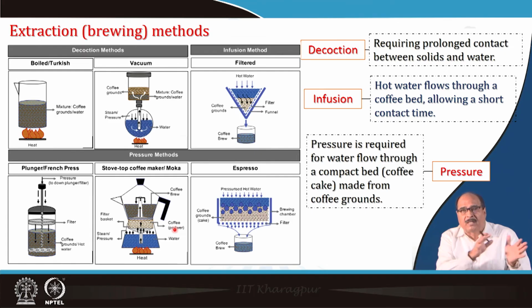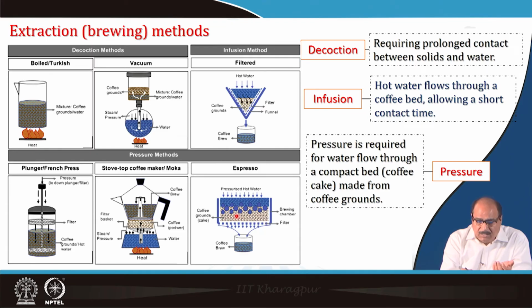Pressure is required for the continuous or uniform flow through a compact bed of the coffee cake, which is made from the ground coffee or coffee powder. Okay. You see in the espresso coffee, the coffee grounds or cake is put here and the pressurized hot water is flown. Okay. And then in the brewing chamber, there is a filter medium, it filters and the coffee brew is obtained.